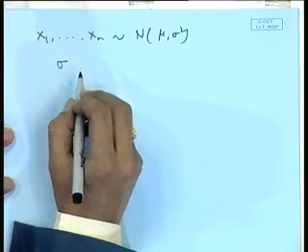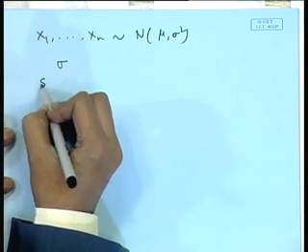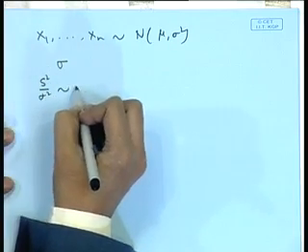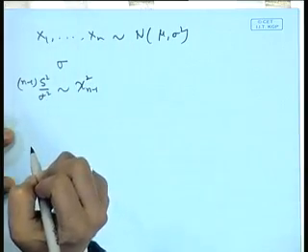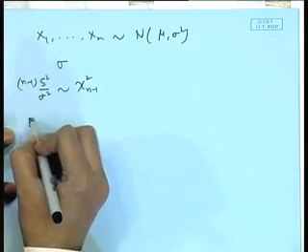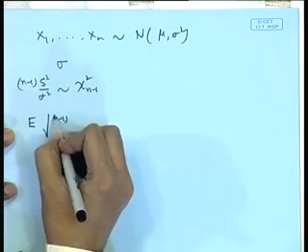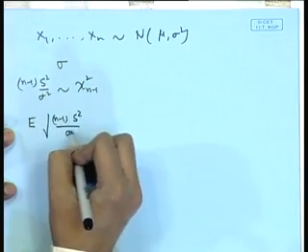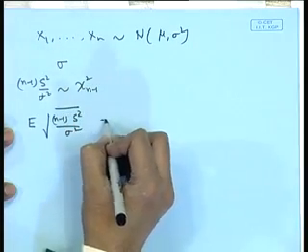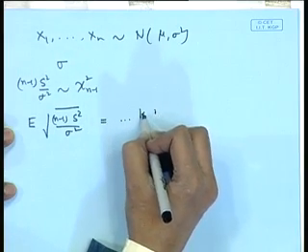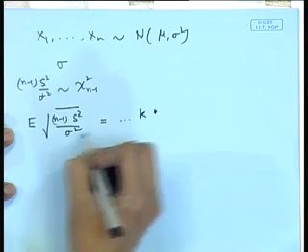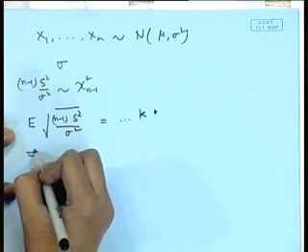Here we know that s square by sigma square follows chi square on n minus 1 degrees of freedom. So, we take expectation of the square root of this quantity and we obtain a multiple of a constant here. Now, we adjust that constant.